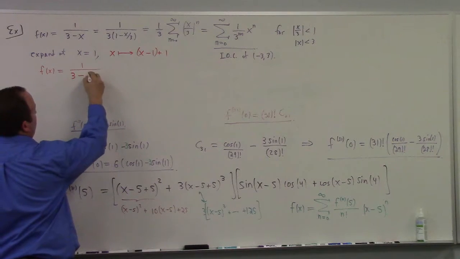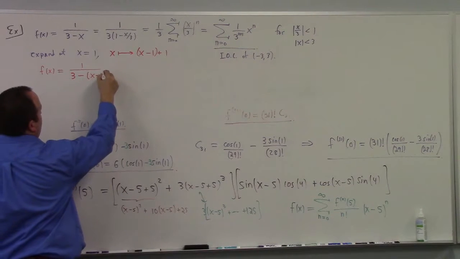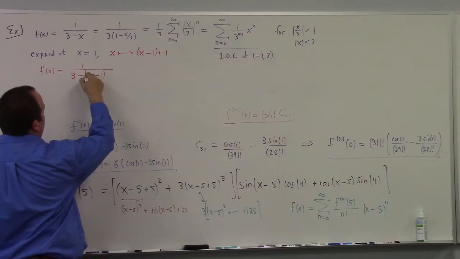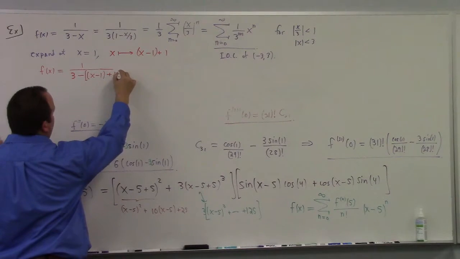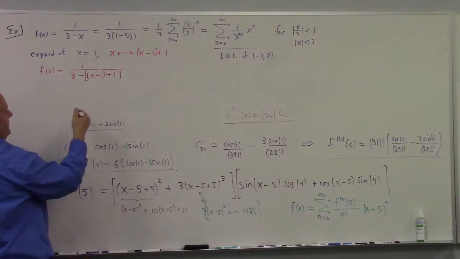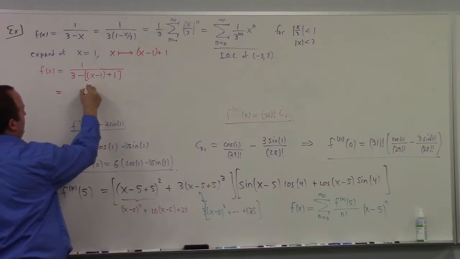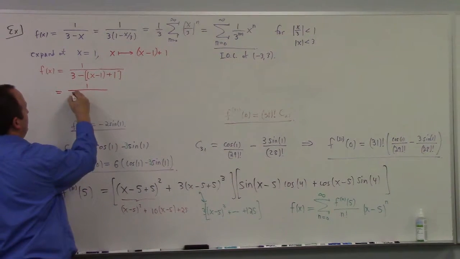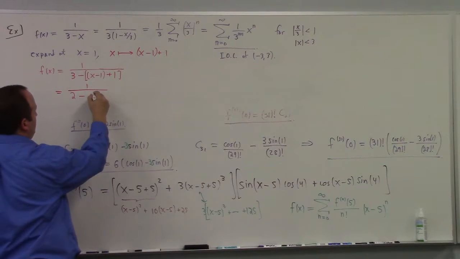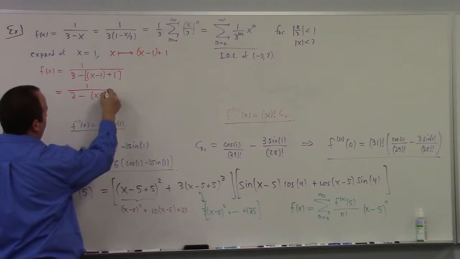So this is 3 minus x minus 1 plus 1. All right, I'm going to put some parentheses around my trick. Now rewrite that a little bit. This is 1 over 2 minus parentheses x minus 1.